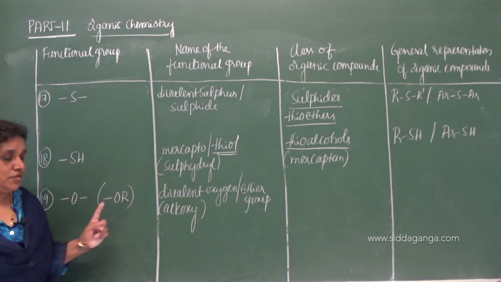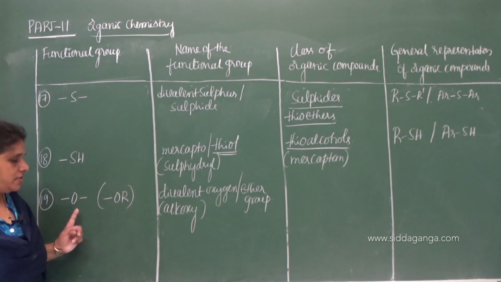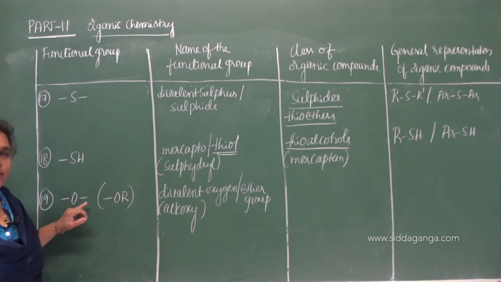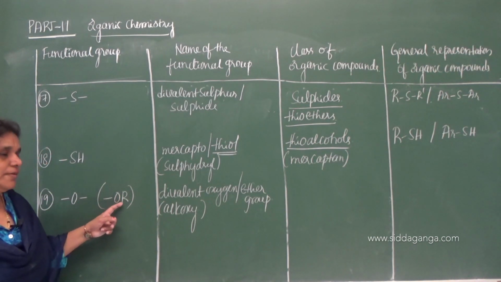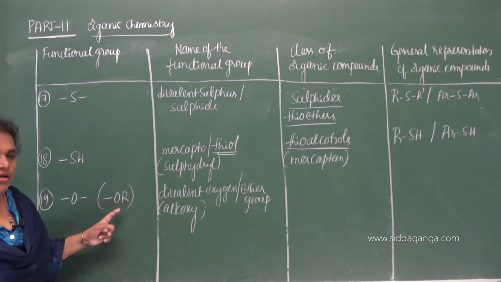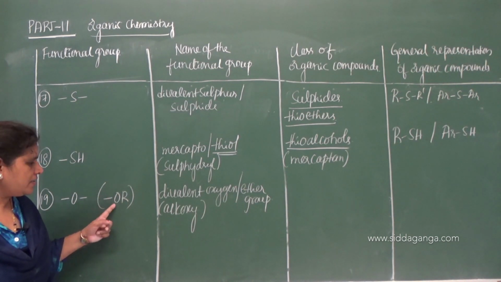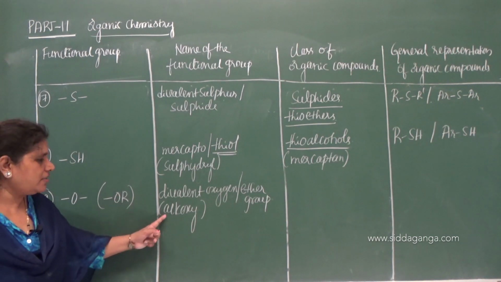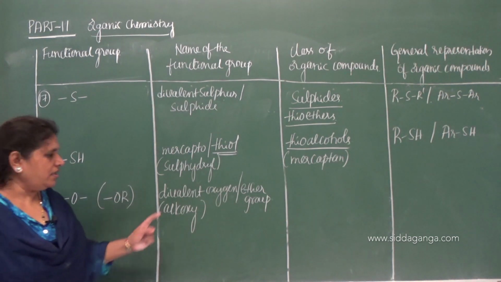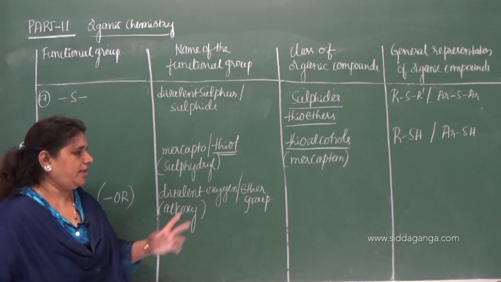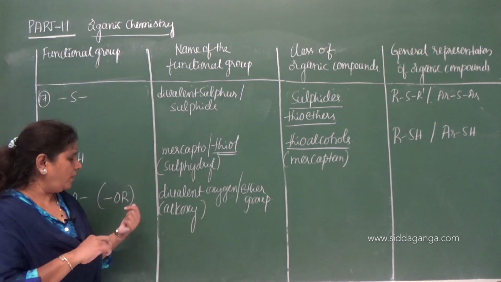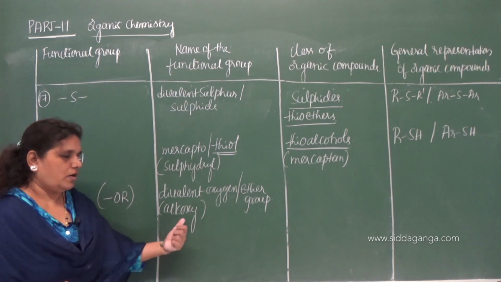Alkyl and oxygen, alkoxy. So we can represent ether as divalent oxygen, or you can also represent it with OR, because the oxygen in ethers is always bonded to an alkyl group. Therefore, it is also named alkoxy.